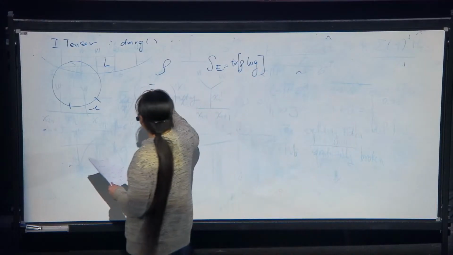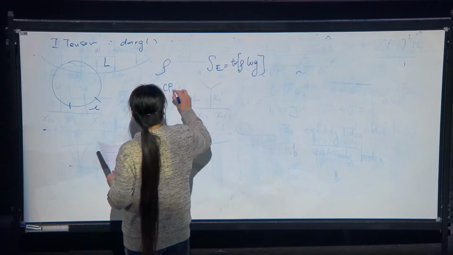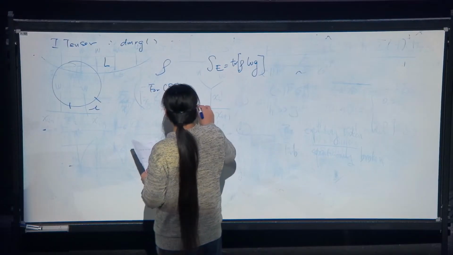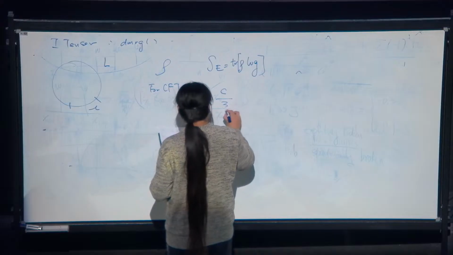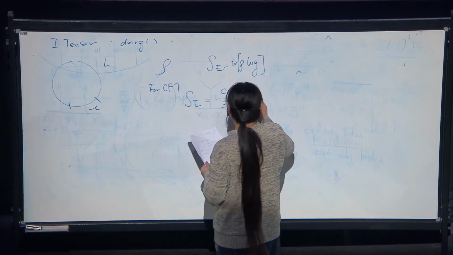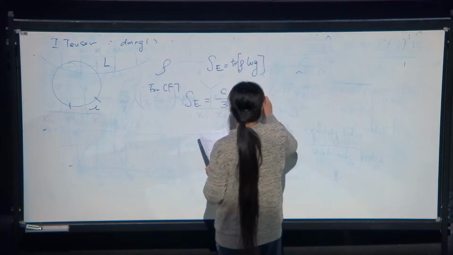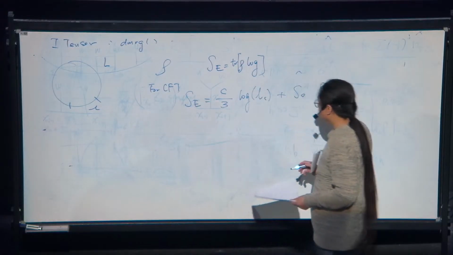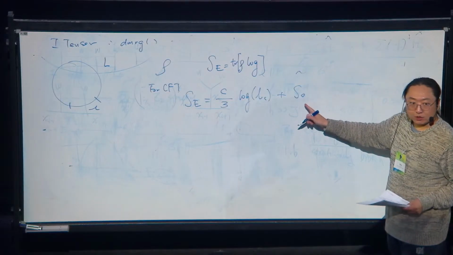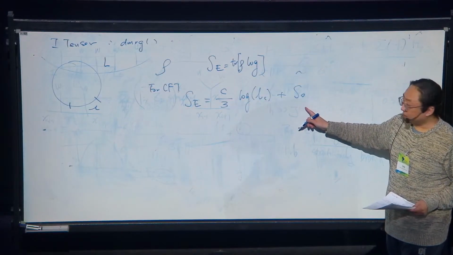For a CFT, what you expect is that the entanglement entropy scales like c over 3 times the log of something called the conformal distance, which I will explain later, plus a constant term. This constant is not universal; it depends on which model you study.